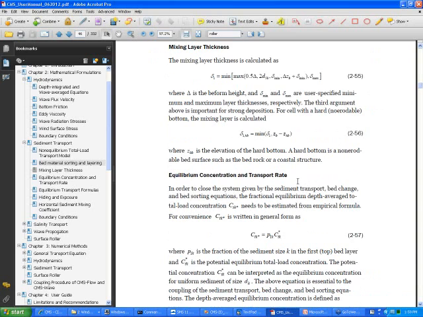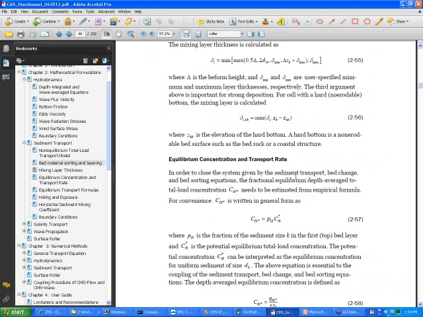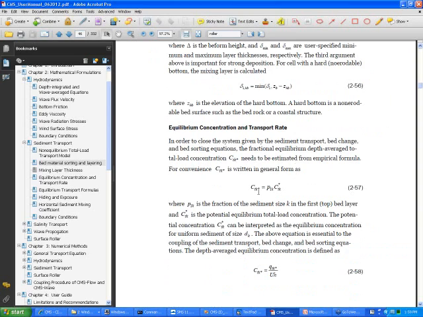Something very important in the model, like I mentioned before, is the equilibrium concentration and transport rate. The equilibrium fractional sediment transport concentration is given by CTK star, and CTK, let me highlight these numbers. So this number is the potential equilibrium total load concentration.